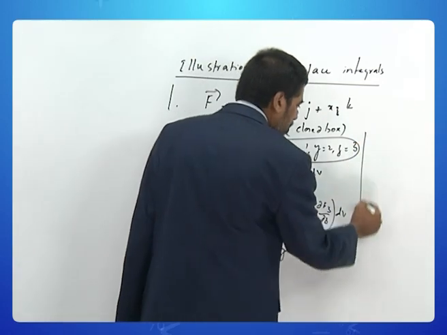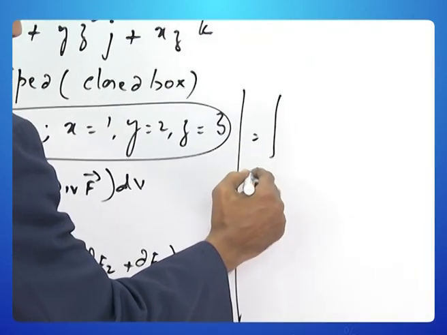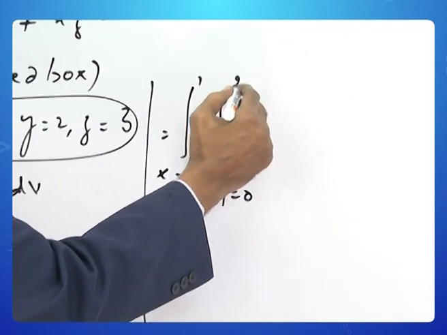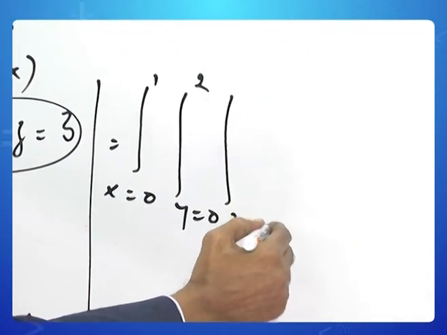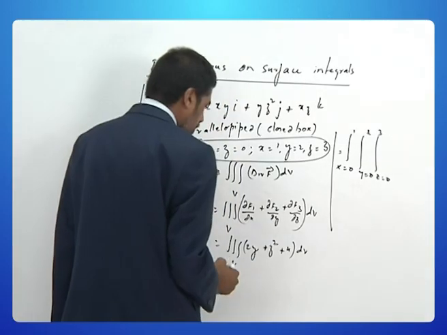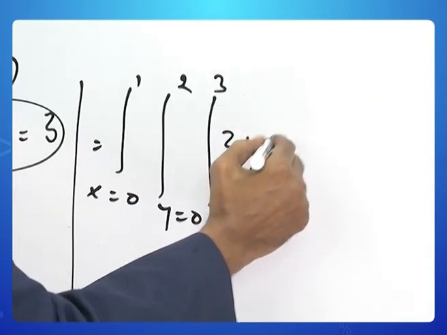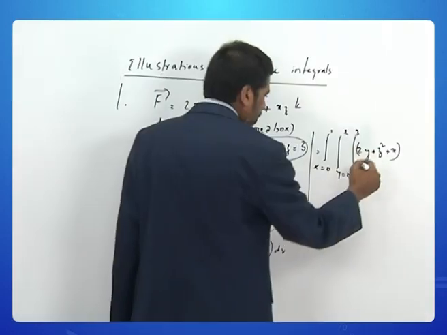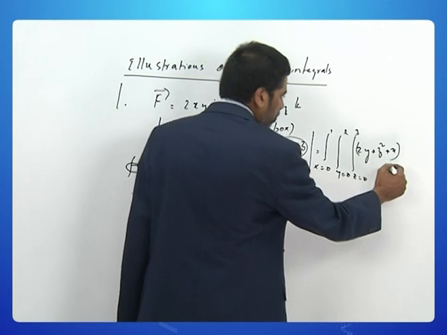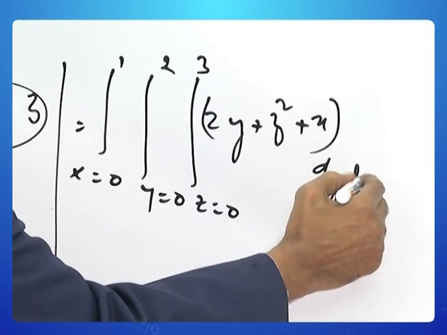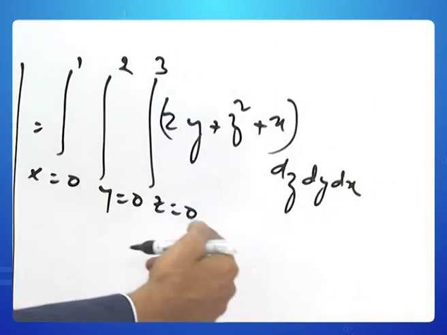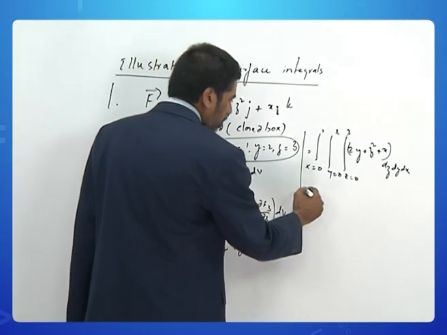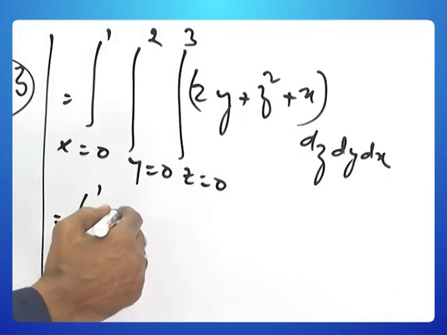So how do you do this? x is equal to 0 to 1, y is equal to 0 to 2, z is equal to 0 to 3, of 2y plus z square plus x. dv can be expanded as dz dy dx, because that is how we fix the order of integration. So I will just show you this integration also.